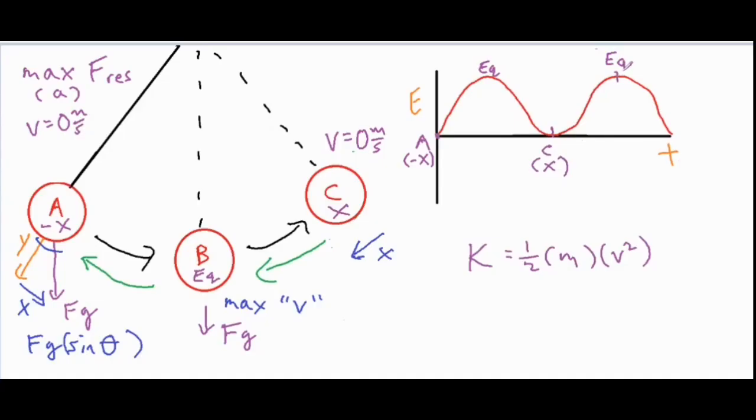And then as it continues to rise up towards position A, it's going to slow down, and it's going to slow down at an increasing rate. So if it's slowing down more and more, it's going to go towards 0 faster and faster, and then it's going to hit position A once again at its negative x position. Now that would be considered one full period because we started at A, which is the negative x position, all the way back to A, its negative x position once again.